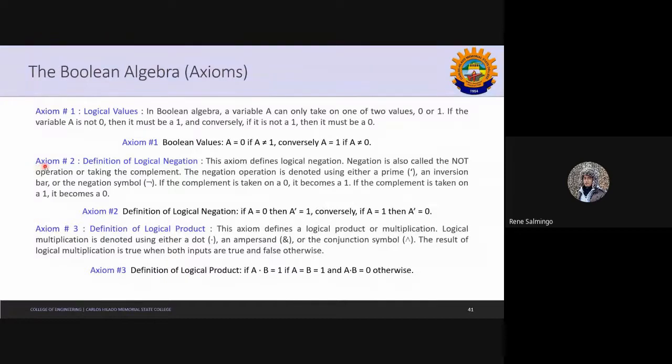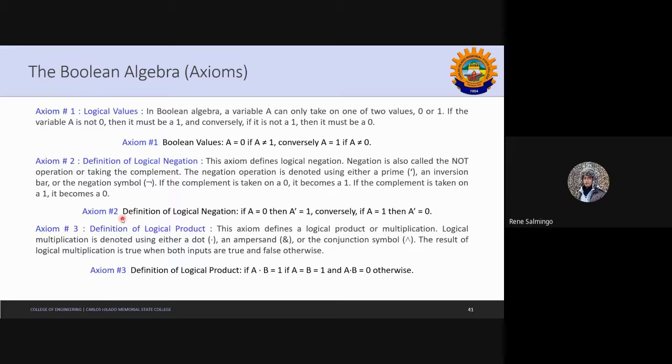Now for axiom 2, we have what we call the definition of negation. This axiom defines logical negation. Negation is also called the NOT operation, and the symbol we use is prime, A prime.